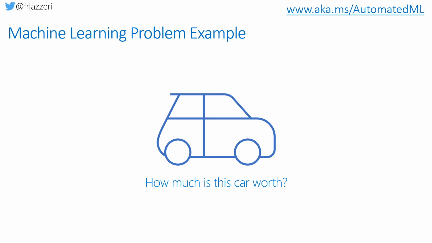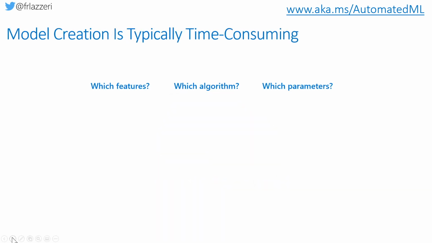As you can see from this slide, one problem, and this is just an example, is: how much is this car worth? What's the final cost of this car? Usually what data scientists do is sit together as a team and try to answer the question: which features, which algorithm, and which parameters should I use in order to answer that question?